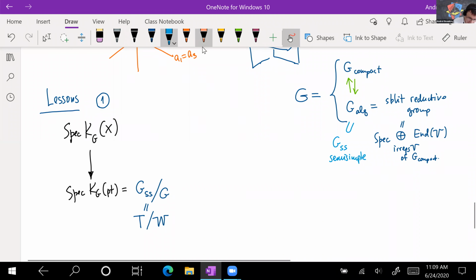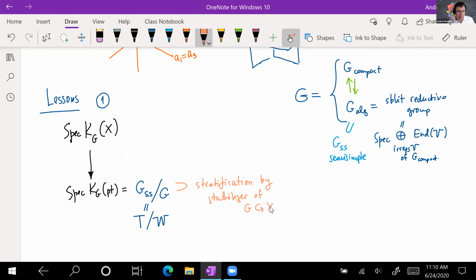Here we have a stratification by stabilizers of the G action on X. If I have an element acting on a topological space, I can ask what this element fixes.